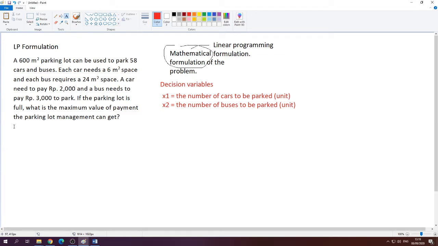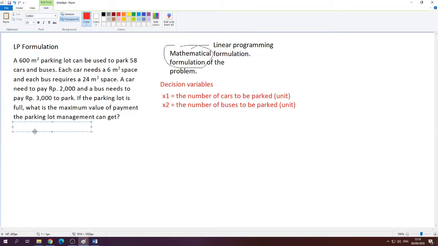And the second thing that we need to decide is the objective function. So when a car or a bus parks, they need to pay.